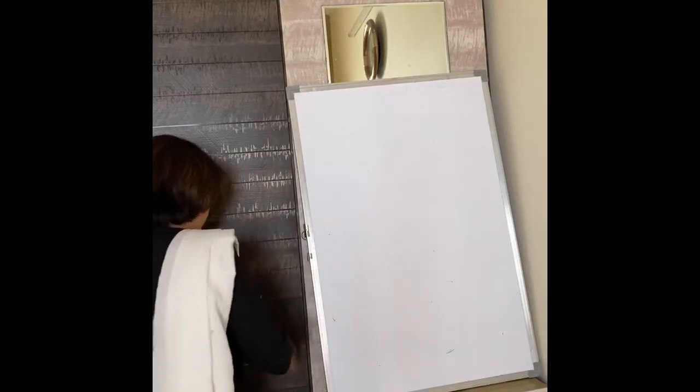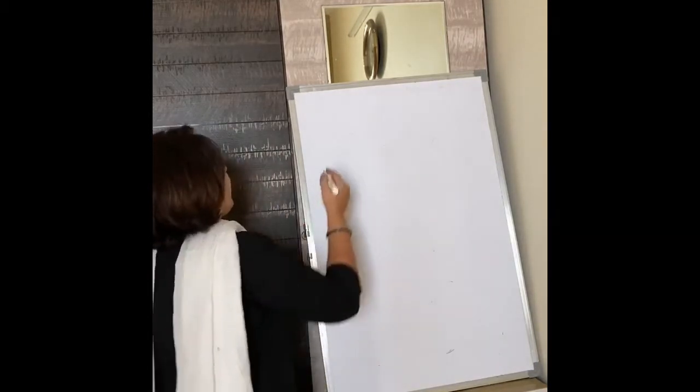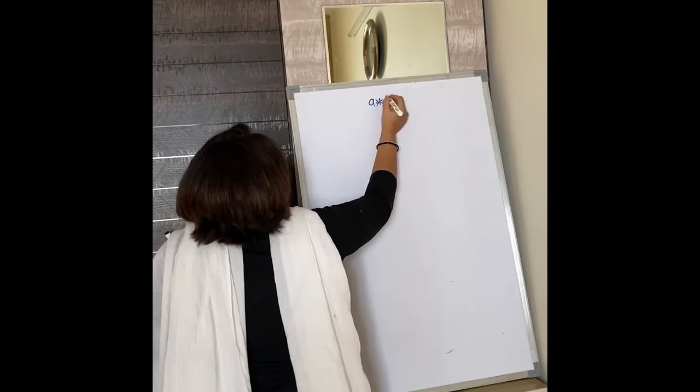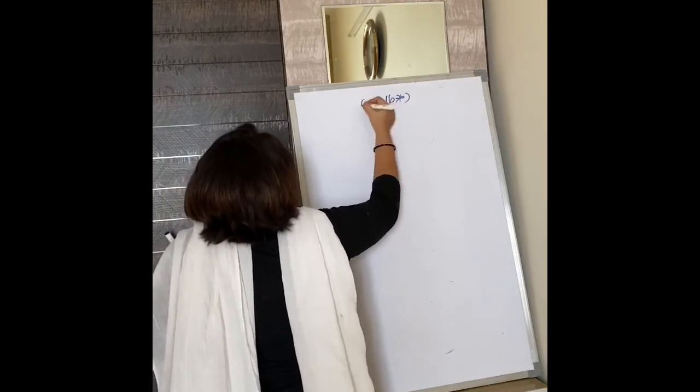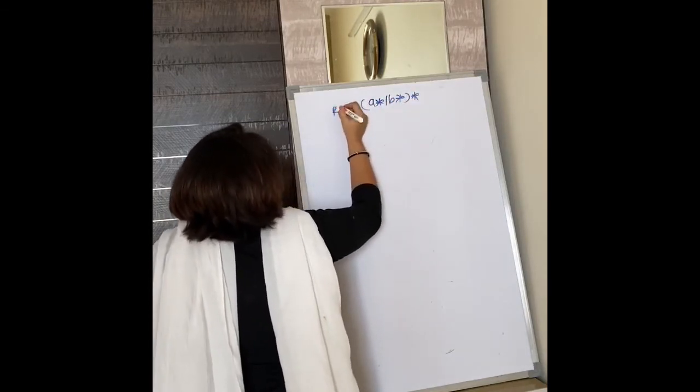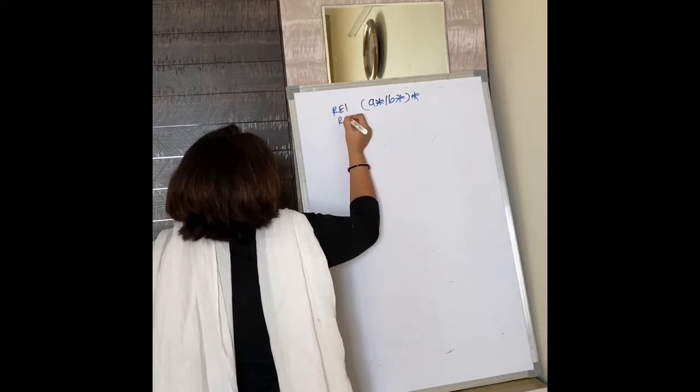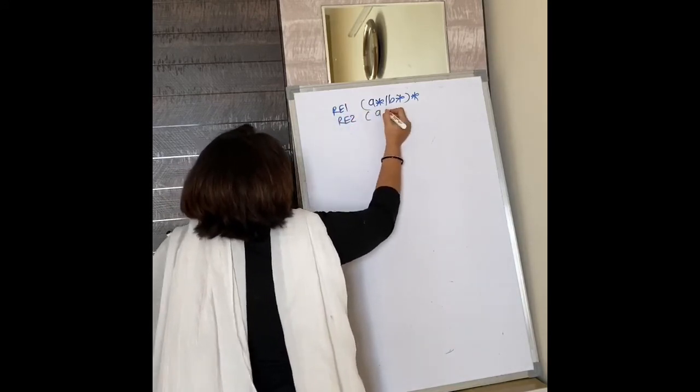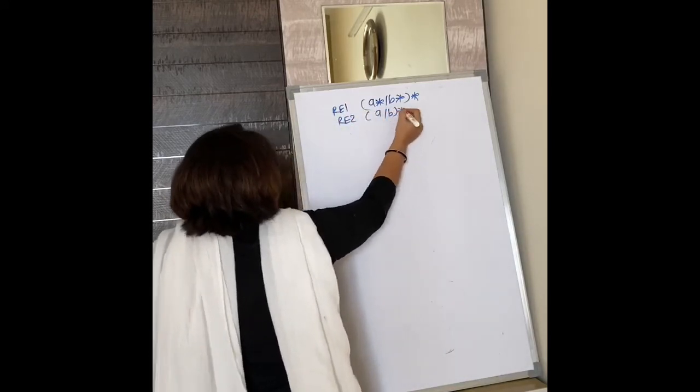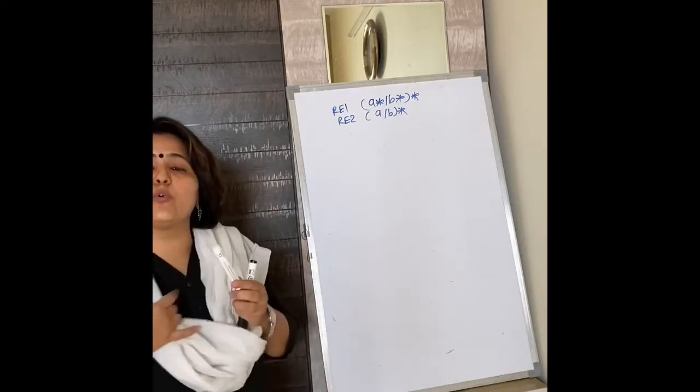We are right now discussing the example of (A star or B star) whole star, that is our RE1, and RE2 is (A or B) whole star. So for both we have to draw the DFA.